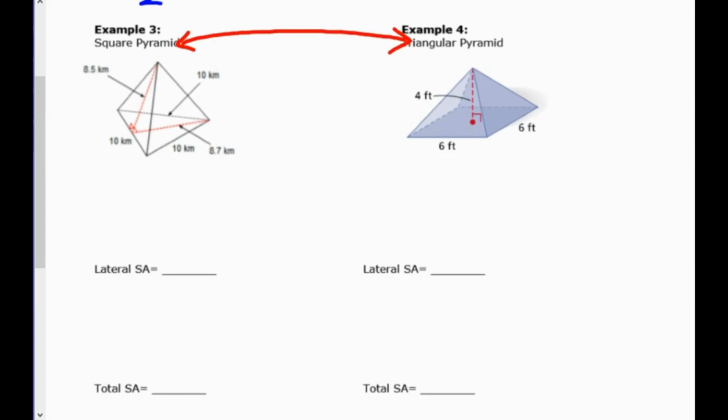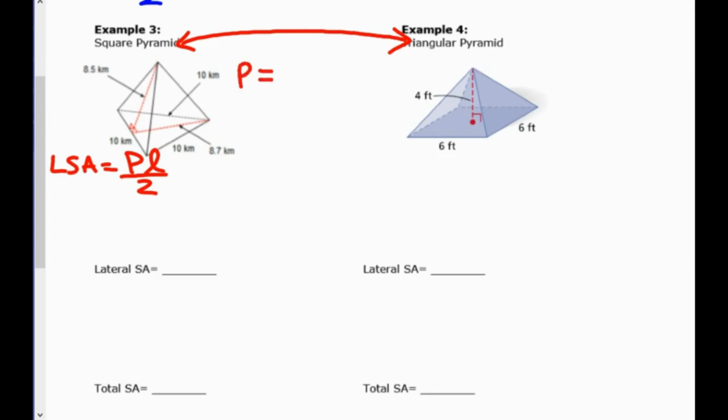So on the left, example 3 is obviously a triangular pyramid, right? And on the right, that's a square pyramid. So looking at the left, we want to find this triangular pyramid's lateral surface area. So LSA equals PL over 2. Now, let's figure out these numbers.